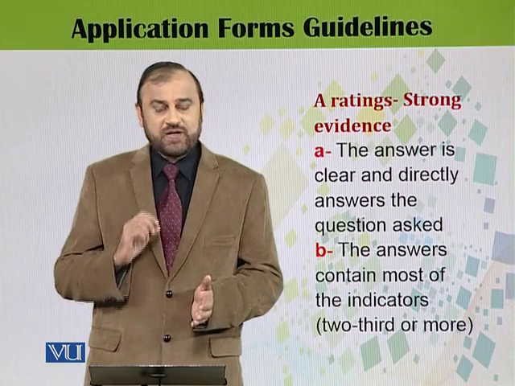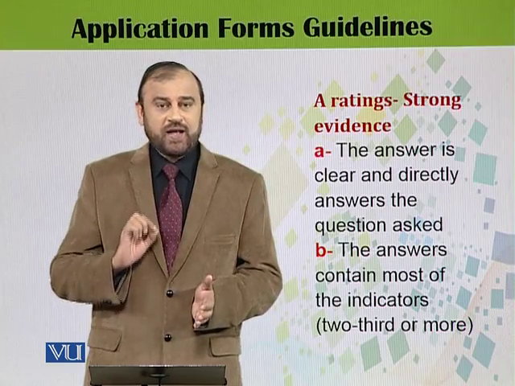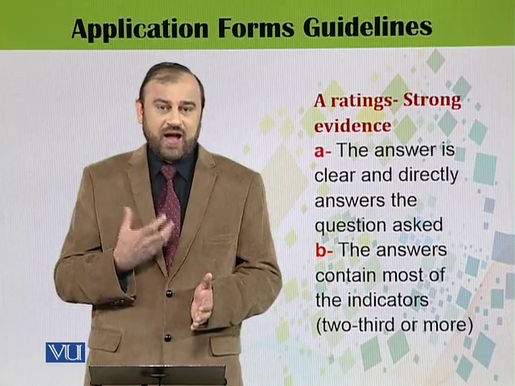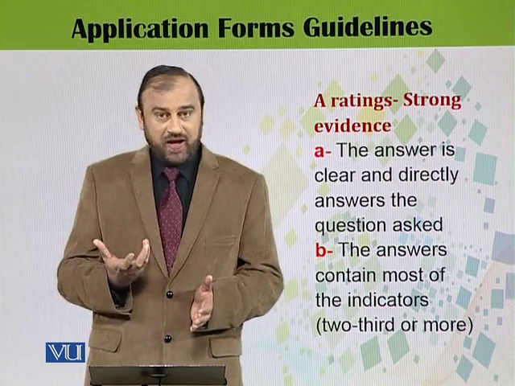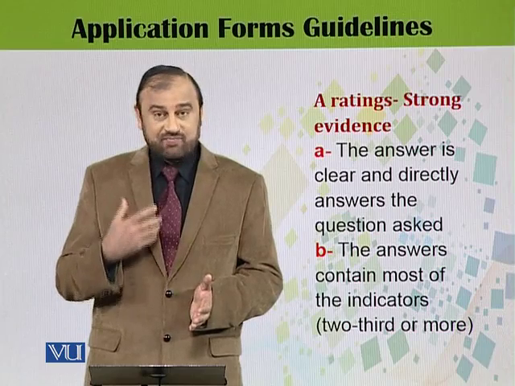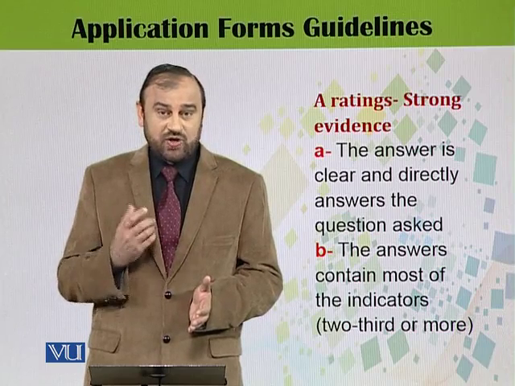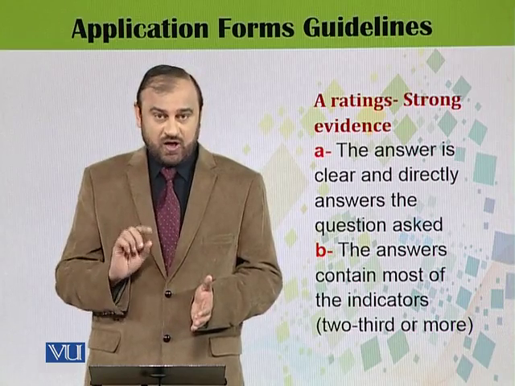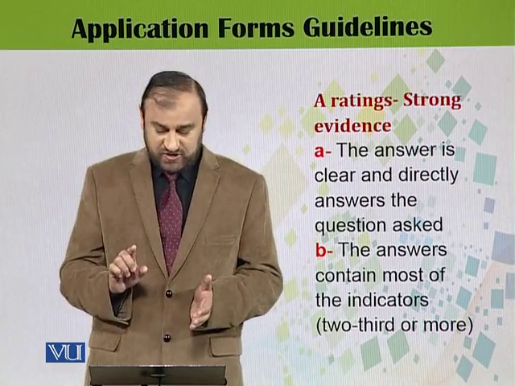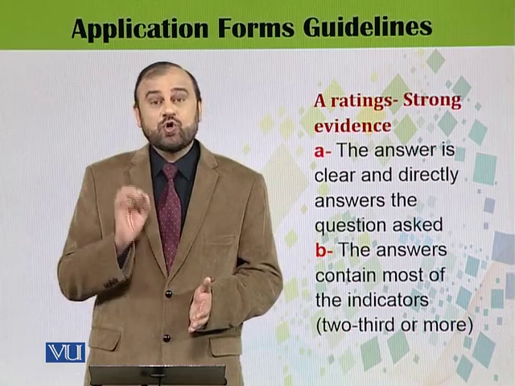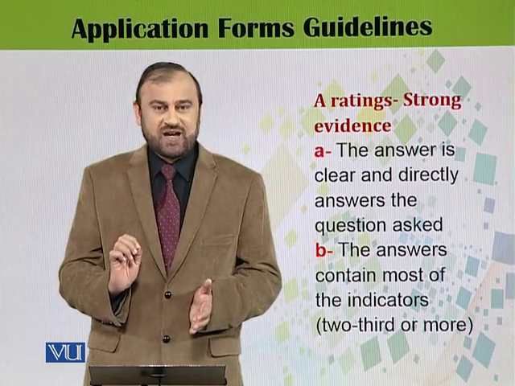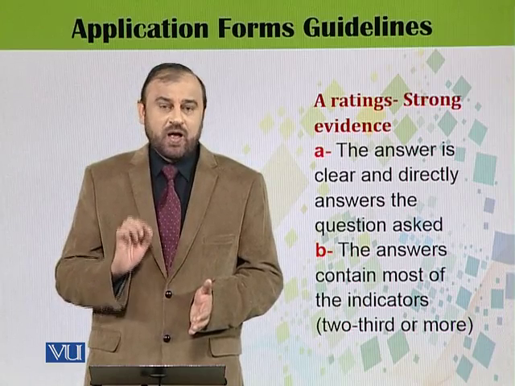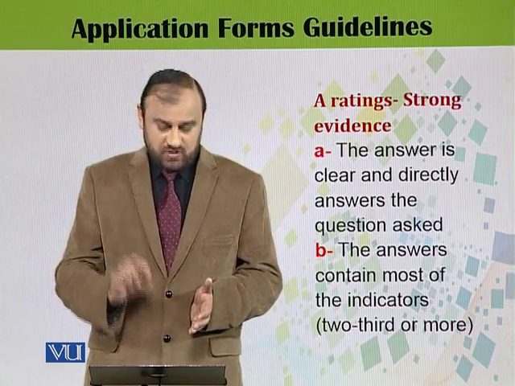If the applicant directly answers the question and the answer is very clear, then obviously that can be determined as an A rating. Number B, the answers contain most of the indicators which can determine that someone has that competency. If they mention most of the indicators, meaning two thirds or more, then you can give the A rating for that competency, and that would be strong evidence.